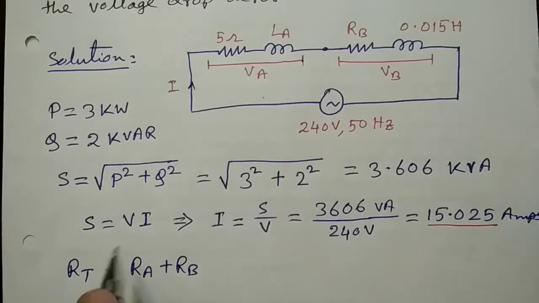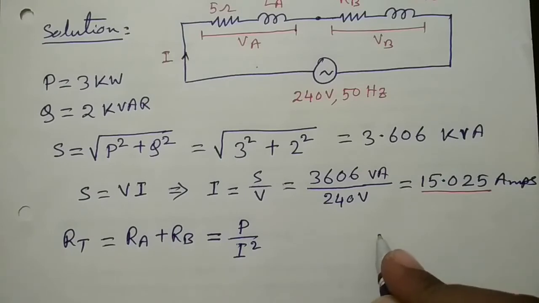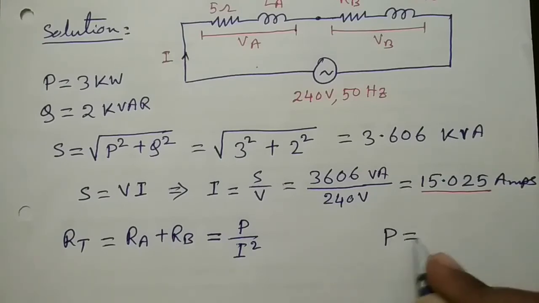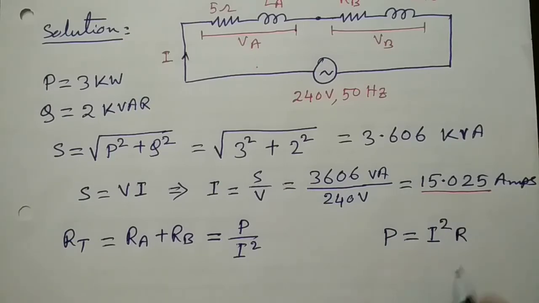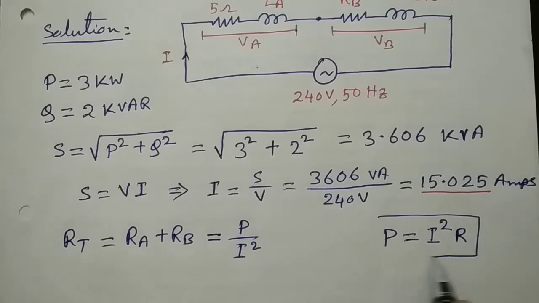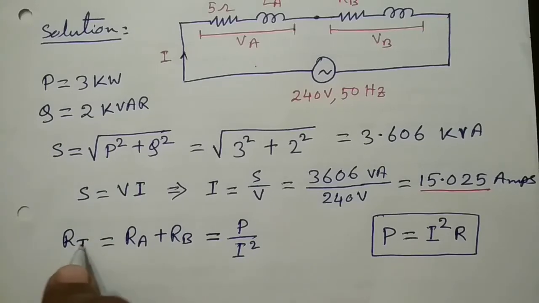The resistance here can be calculated by the formula P upon I square. Because we have already discussed earlier that the active power can also be calculated by using this formula. P is equal to I square R. This is also the formula of the active power.